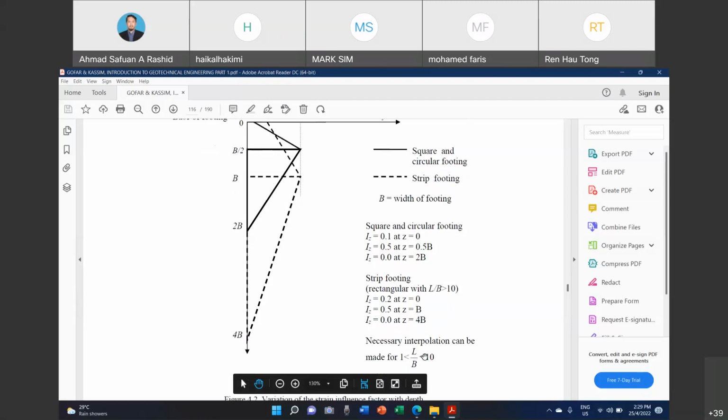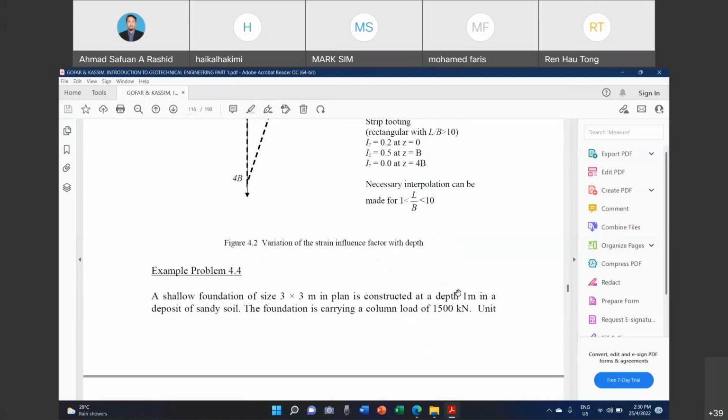So basically the definition of the strip footing, where for the rectangular footing the length over B is more than 10, is based on this Schmertmann diagram.